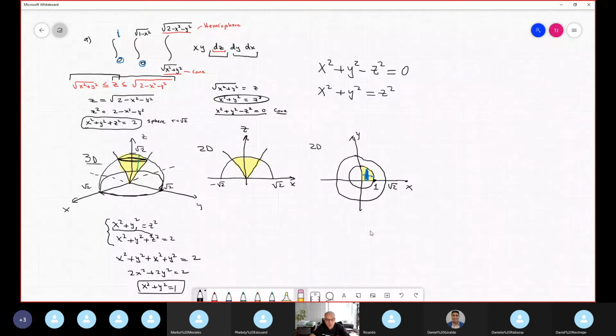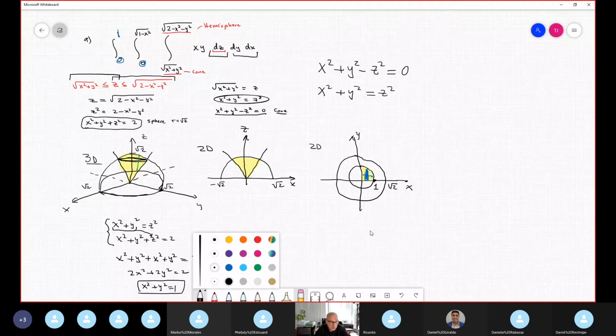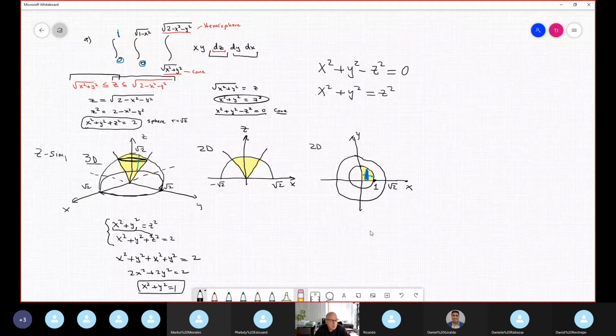Okay, do you understand this or no? Remember, two important things in the triple integral. I suppose that the guy who set up this integral using the c symbol went from the c of the cone to the c of the sphere. This is this part.